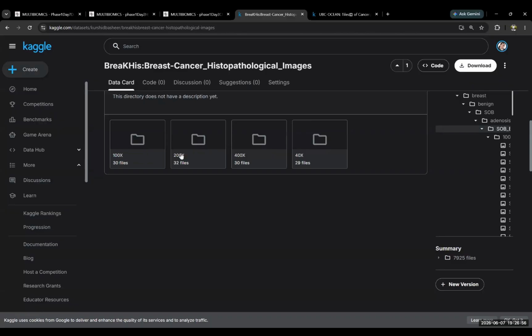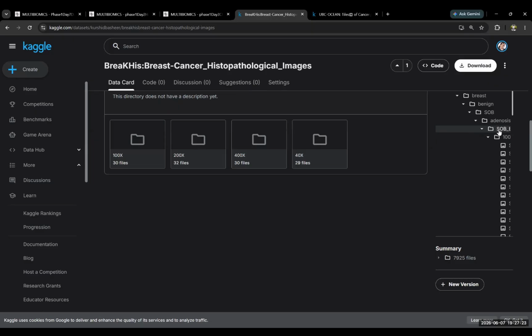No. What it may do is take one from 32 and add it to the file with 29, so now everything is 30, but this is still 31. Like that, one file is coming from the 200x of one patient and going into 40x. At that time, some misclassification can happen.